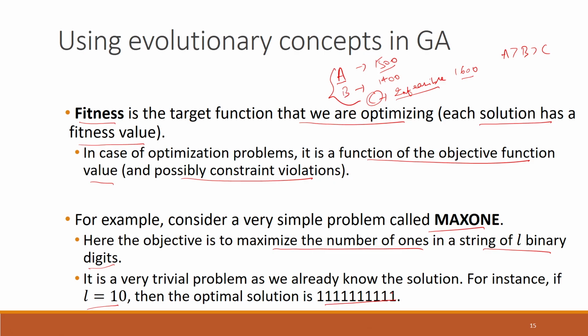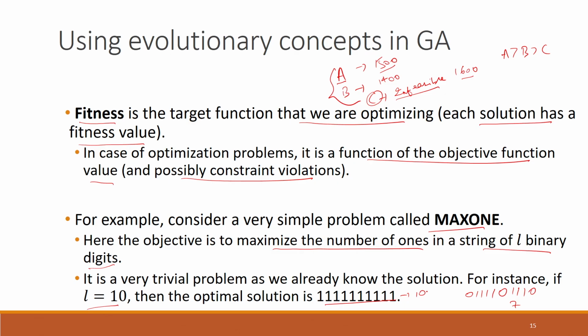Note that we have a string of L binary digits. Okay, so this is the best solution, but another solution that could have been possible is suppose this 0 1 1 1 0. Okay, so this is also another solution that is possible, but here the number of ones that we have is equal to 7, okay, which is lower than the number of ones that we have here as 10.